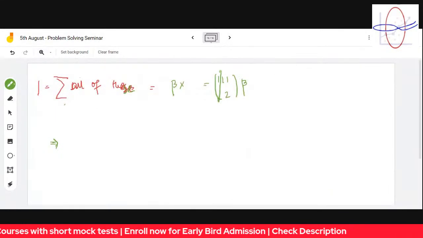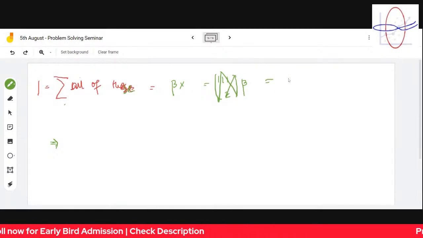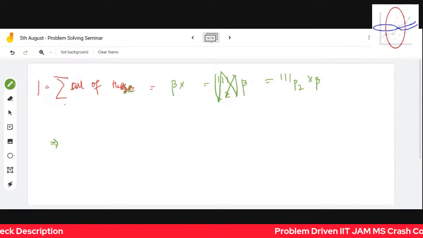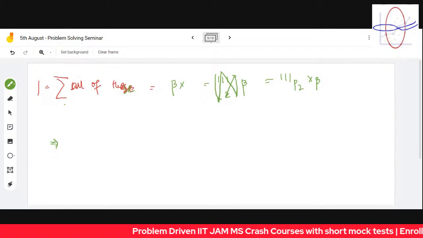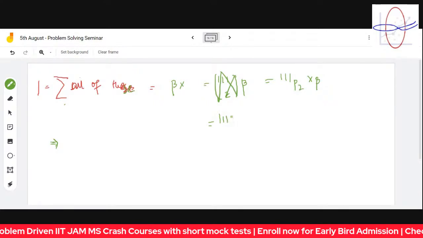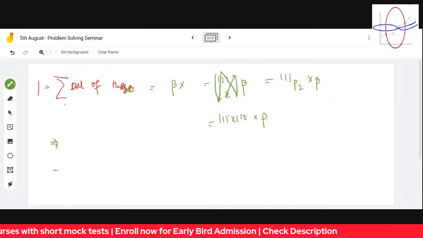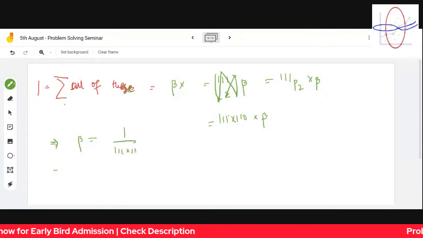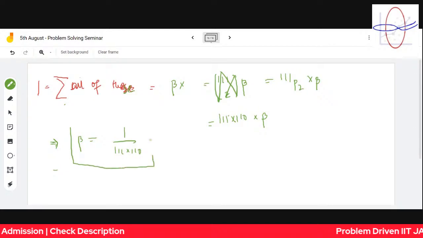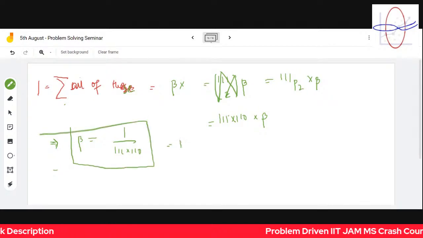So it's 111 P 2 into beta, which is the same as 111 into 110 into beta. So we get that beta is equal to 1 by 111 into 110. That is the probability of A intersection B.